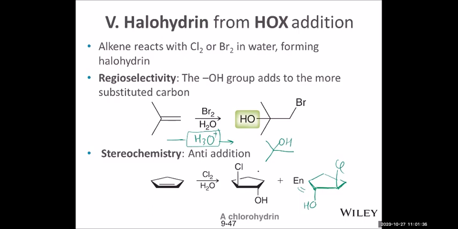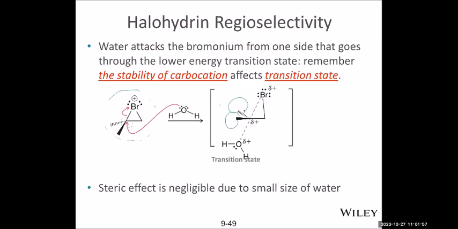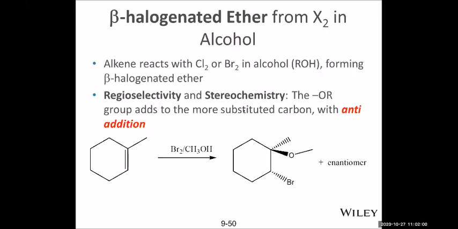Then the reaction is similar to this. The halohydrin addition happens with the OH attached to the more substituted carbon. It resembles the carbocation intermediate. And so you can see in the second step, the reaction happens in water, halogen with water, and you get an OH, an alcohol, as the final product.